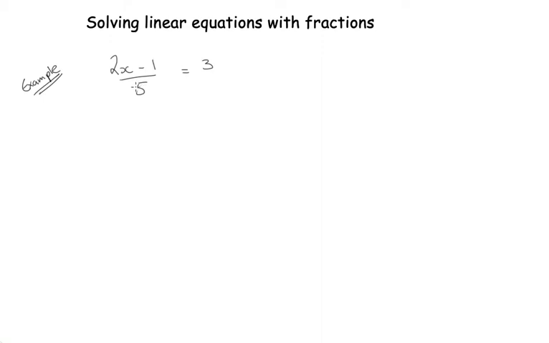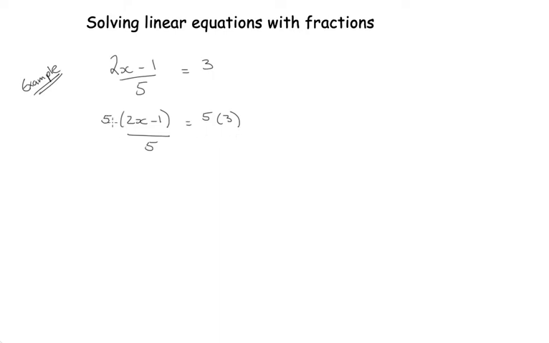Now, what's the opposite of division? It's multiplication. So if I want to multiply on the left-hand side, I also have to multiply on the right-hand side. Okay, so I'm going to multiply the term on the left and on the right by 5.